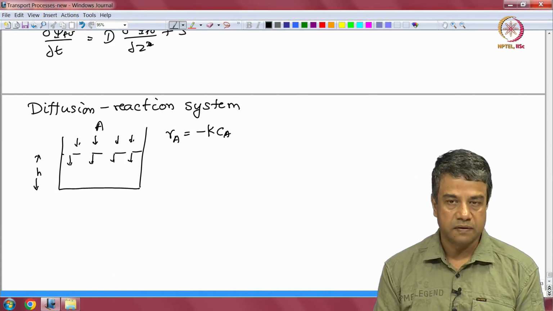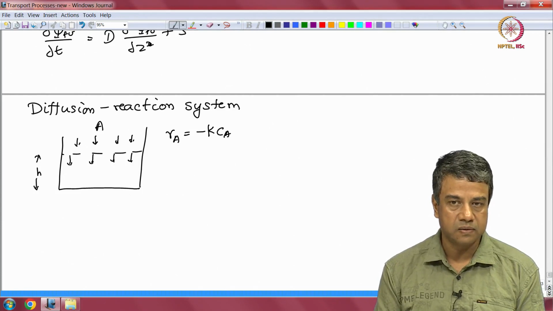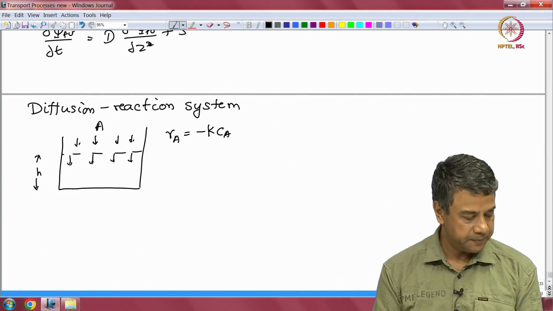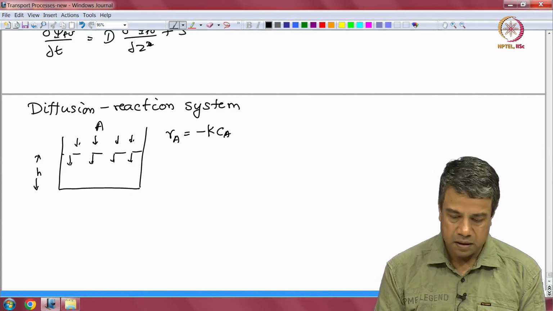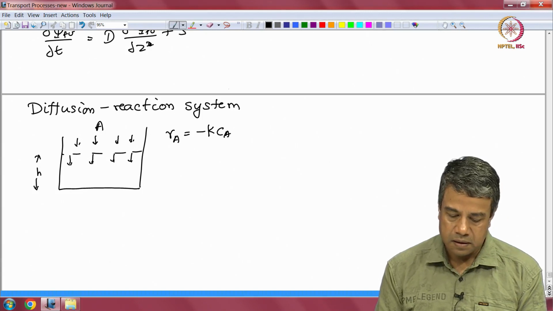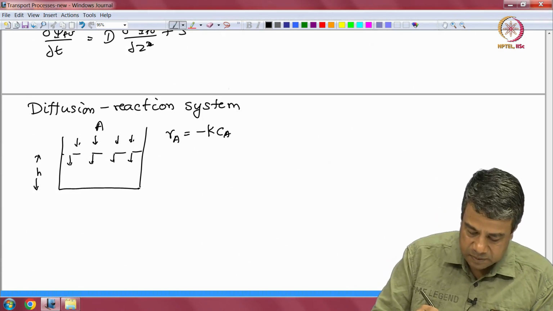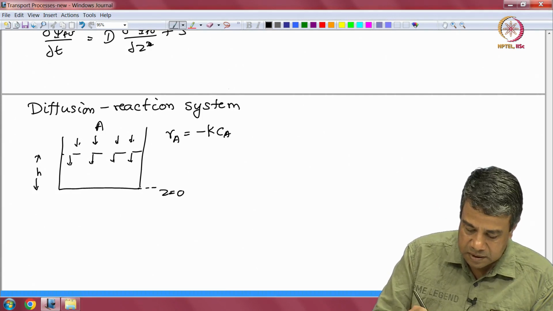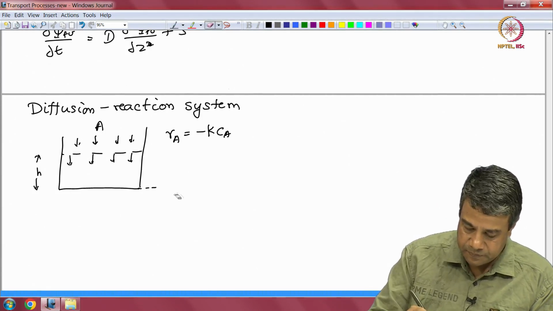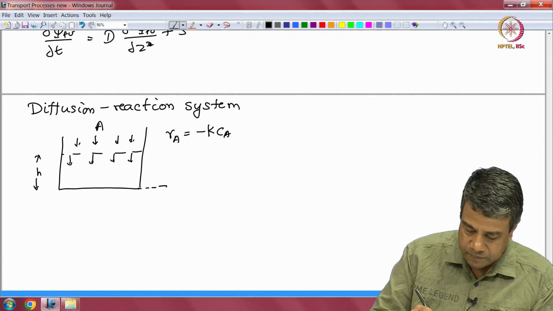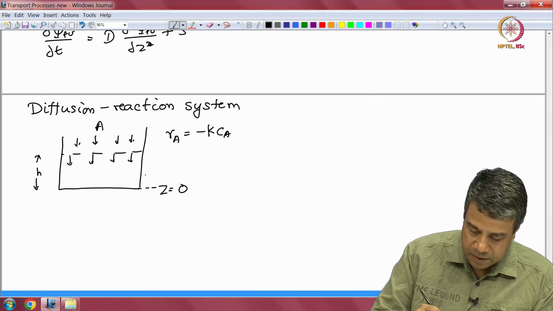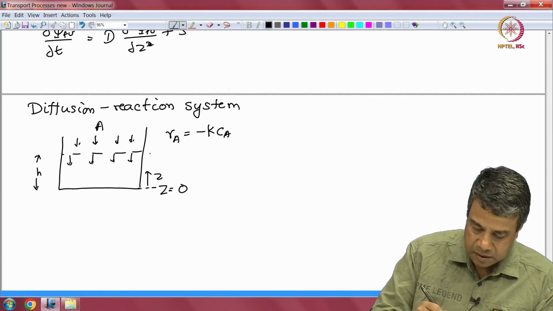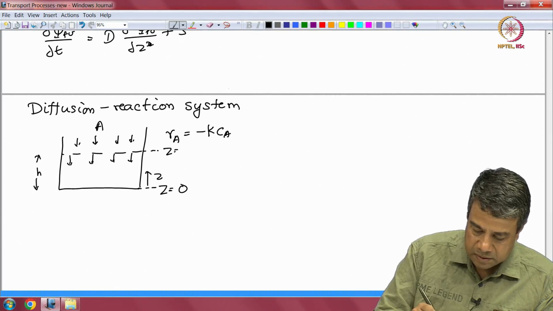So, it is diffusing, and as it is diffusing through, it is also reacting. And we will use a coordinate system where z is equal to 0 is the bottom. This is the z coordinate, and this is z equals h.